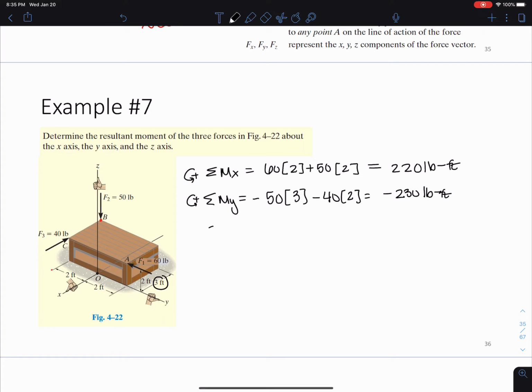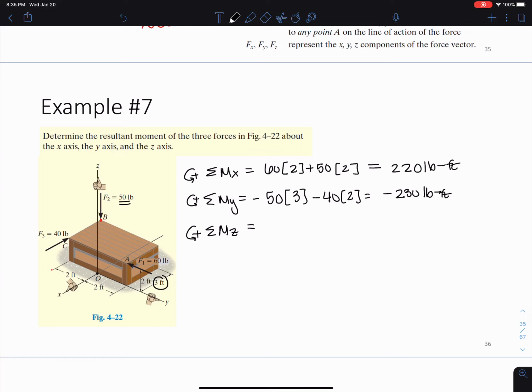And then I can sum moments about the Z direction. Counterclockwise is positive. And here you can see I don't have any contribution from the 50 around the Z-axis, right? There's no moment arm distance from F2 to the Z-axis. And I also have no contribution from the 60 because that also goes in line with the force. It's not acting in the Z direction there, right?